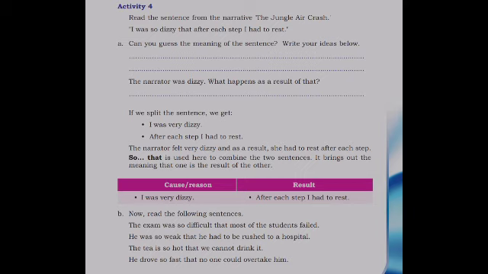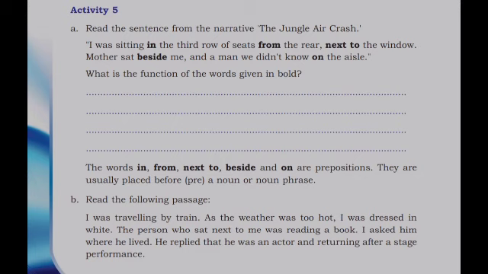Then the last one, he drove so fast that no one could overtake him. So what is the reason here? He drove very fast, and the result of that, no one could overtake him. Is it clear, children? So, children, so that is used in the sense that one is the result of the other. Let's move on to activity 5.